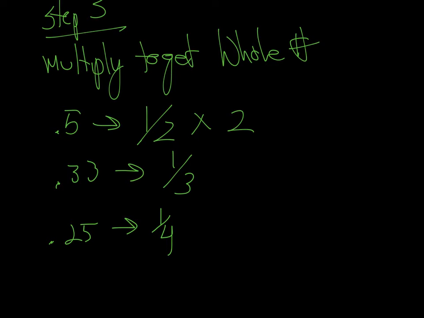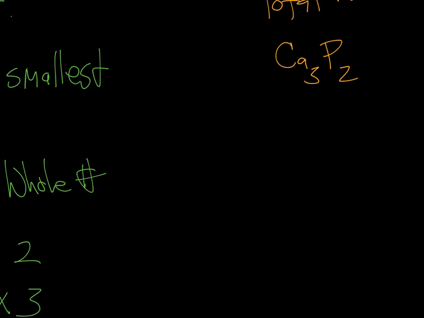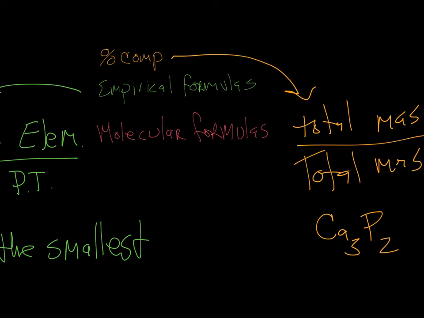To get rid of the third, I multiply by 3. To get rid of the fourth, I multiply by 4. So that's how you can help yourself figure out what to multiply by in order to get my empirical formula.